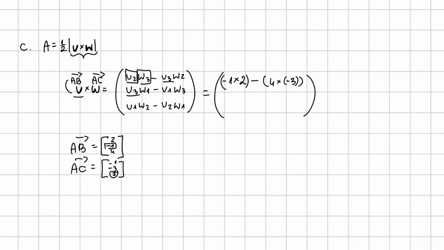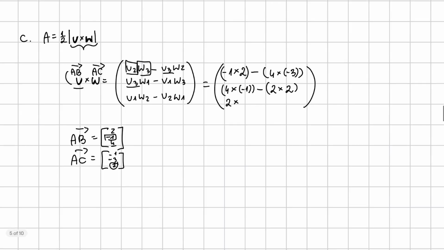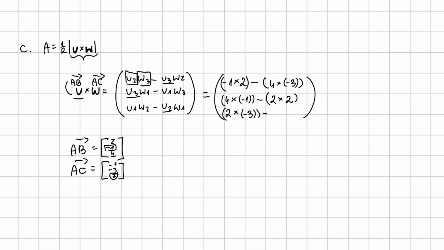Then we have V3, so 4 times W1, so -1, and we subtract V1, so 2 times W3, so also 2. Then we have V1, so 2 times W2, -3, minus V2, so -1 times W1, so -1. And we have to calculate everything.